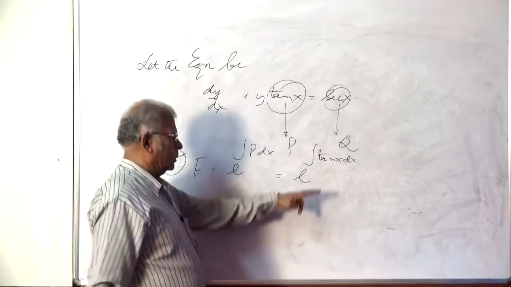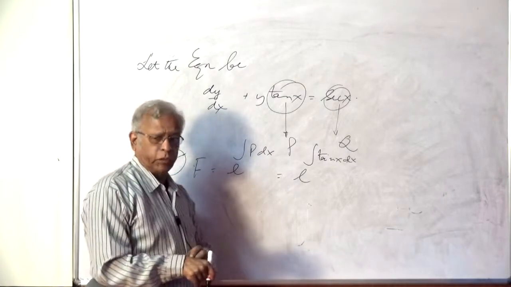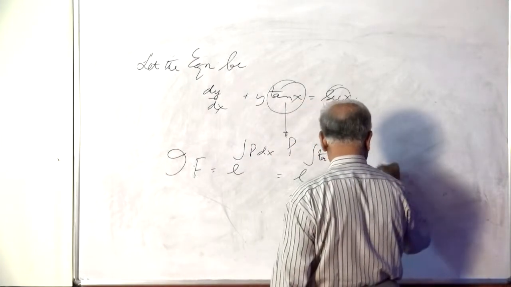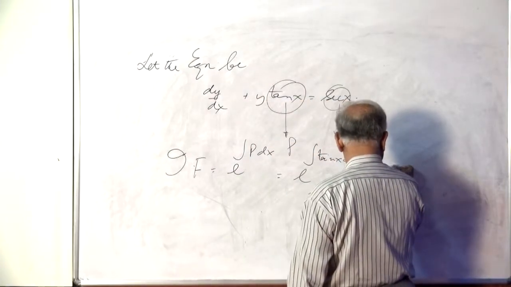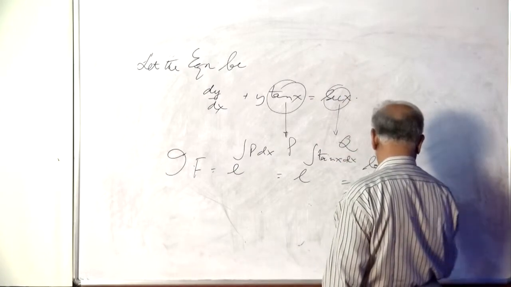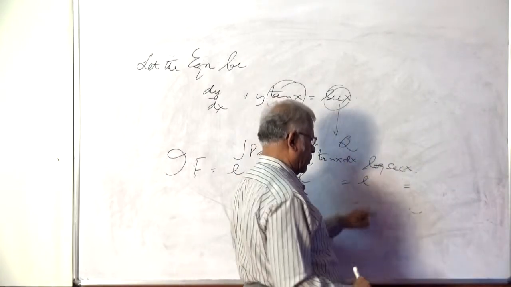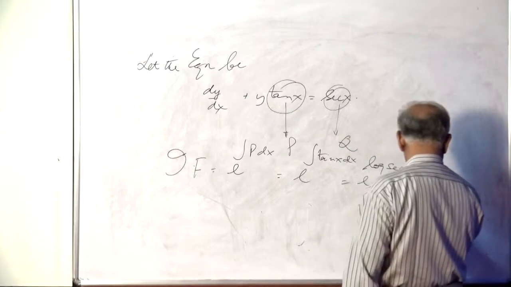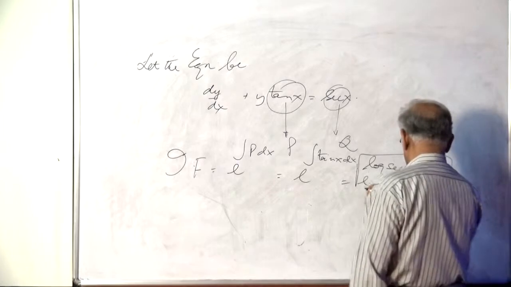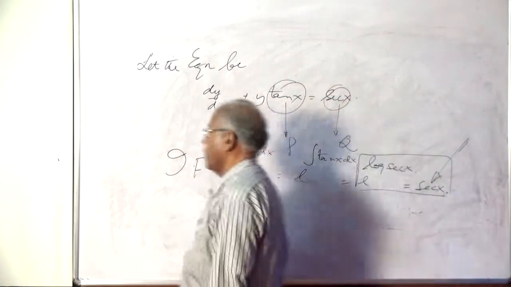All of us know from class 12 integration that tan x will integrate to log sec x. So this is e to the power of log sec x, and that is by the rule of e to the power of log a, this is nothing but sec x.